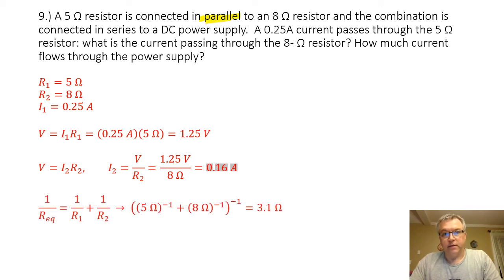To find how much current passes through the power supply, I'm going to need to know the equivalent resistance. And again, because this is a parallel circuit, I know that the inverse of the equivalent resistance is going to equal the sum of the inverses of the individual resistors.